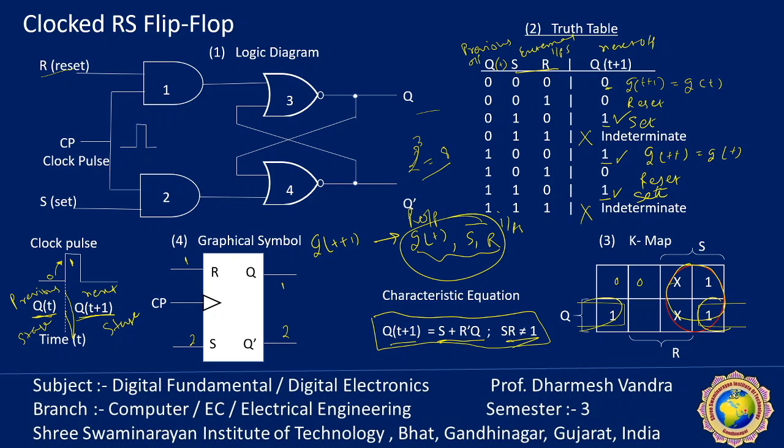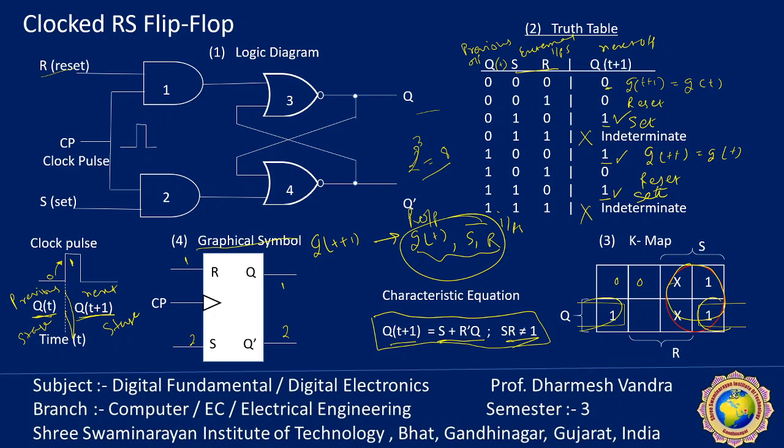Only the graphical symbol is enough to show the clocked RS flip-flop in any sequential circuit design. So the characteristic equation of the flip-flop we derive from this map. This equation specifies the value of the next state as a function of the present state and the input.